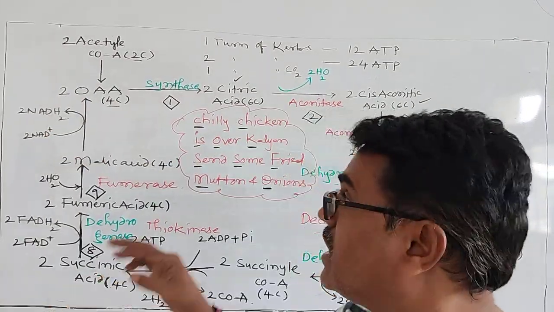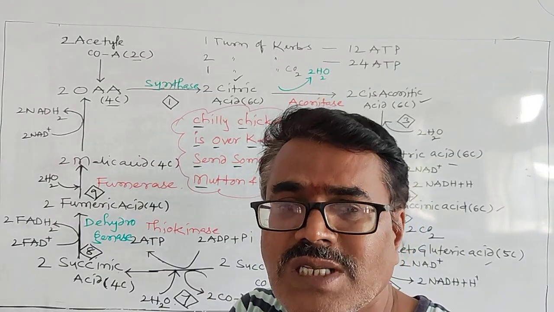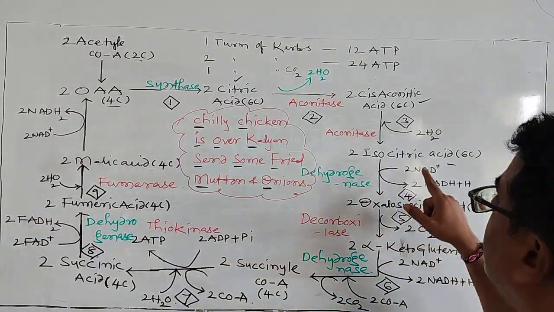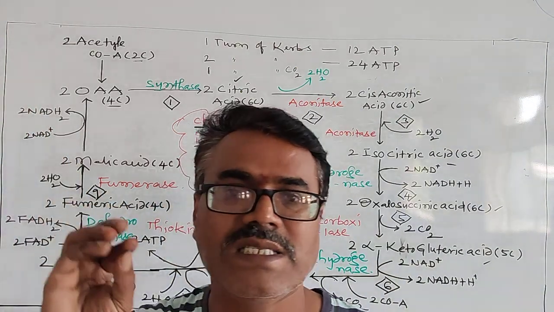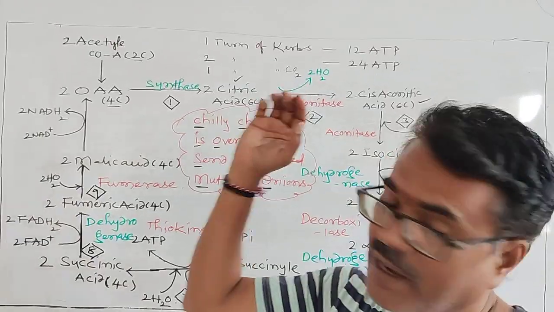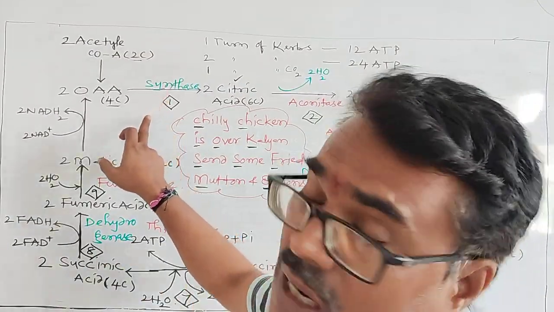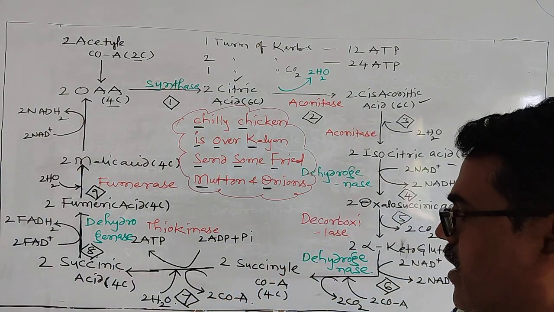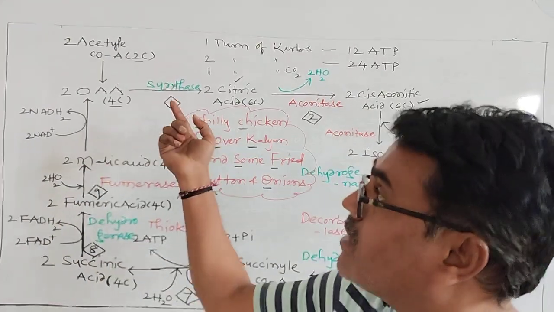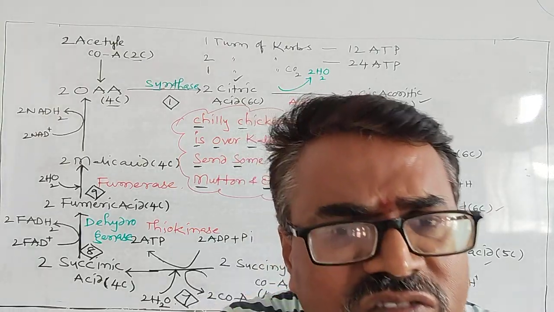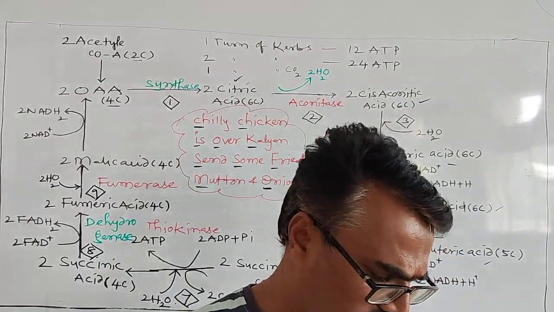The total number of NADH2 produced is the same: 2, 4, then 2, so 6 NADH2 are produced. How many FAD plus are required? At the 8th step, 2 moles of FAD plus are required. 2 moles of FADH2 are produced in the Krebs cycle.